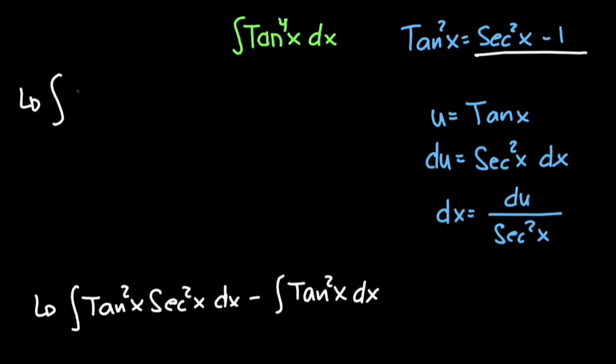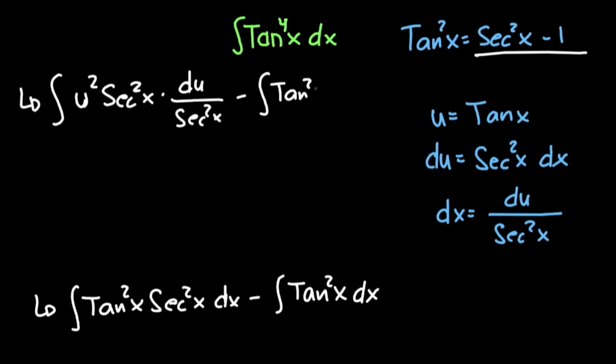So you have the integral of u squared multiplied by secant squared of x and multiply this by value of dx, which is du over secant squared of x, and copy the rest. And so the secant squared of x would cancel.